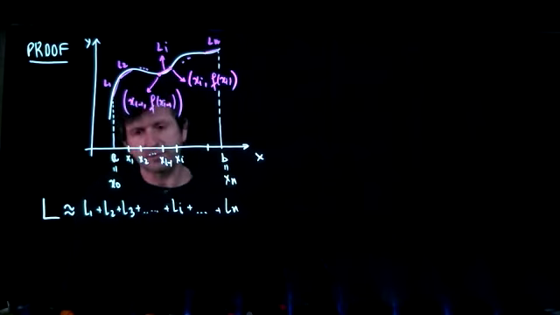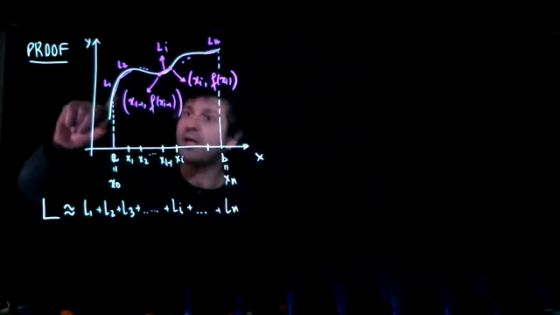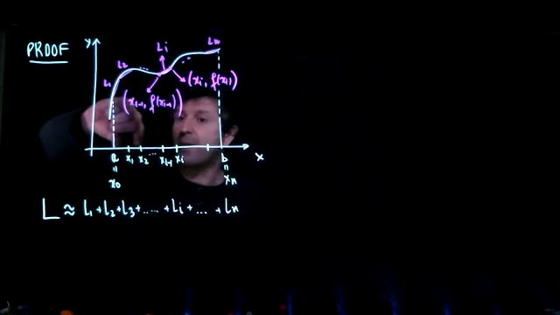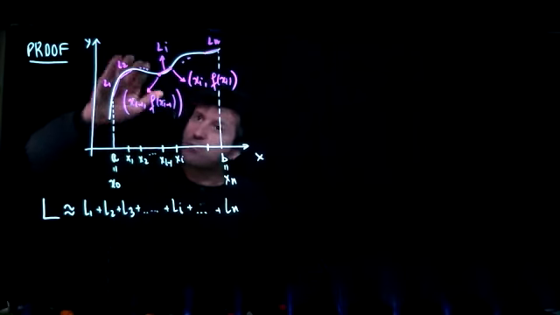Any questions? That's the idea. That's the approximation, and obviously I'm going to make my n very big, just like a Riemann sum, and these lengths will be very small, but I'm going to add a lot of them until it becomes almost smooth.